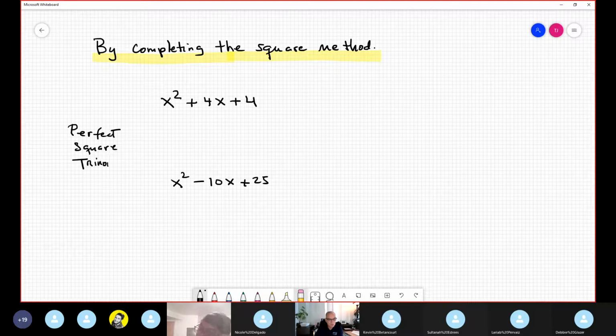What does that mean? Well, when you factor this one, you open two parentheses, you apply the square root, this is x, and you try to find the combination. The combination is obvious, 2 and 2, because 2 times 2 is 4 and 2 plus 2 is 4. It's a coincidence, it's 4, 4. And the sign is plus, plus. They are twin brothers, and you can write it in that way.